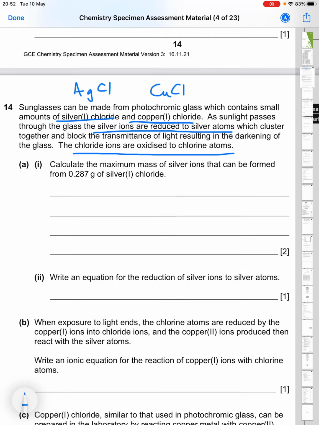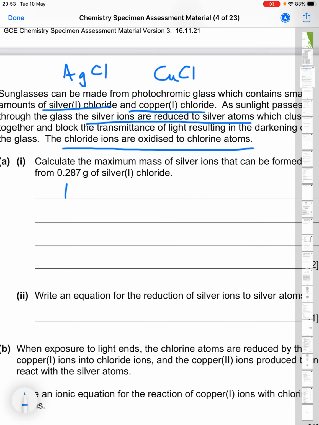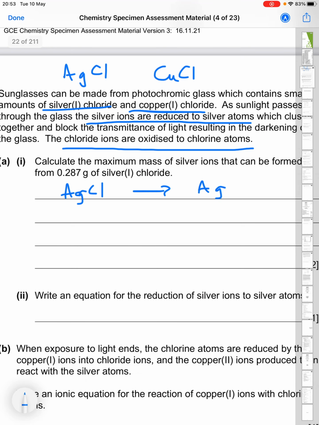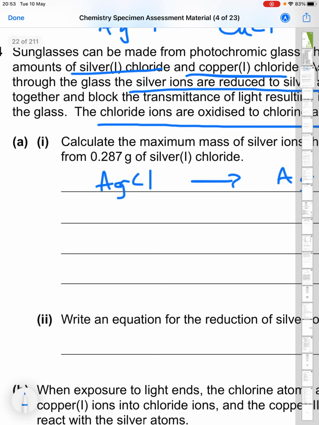So you need an equation for this. So we've got silver chloride, and it's giving us silver. It's a 1-to-1 ratio, so we're going to work out the number of moles of the silver chloride first. So the relative formula mass of that, you look up silver in the data sheet, it's 108.